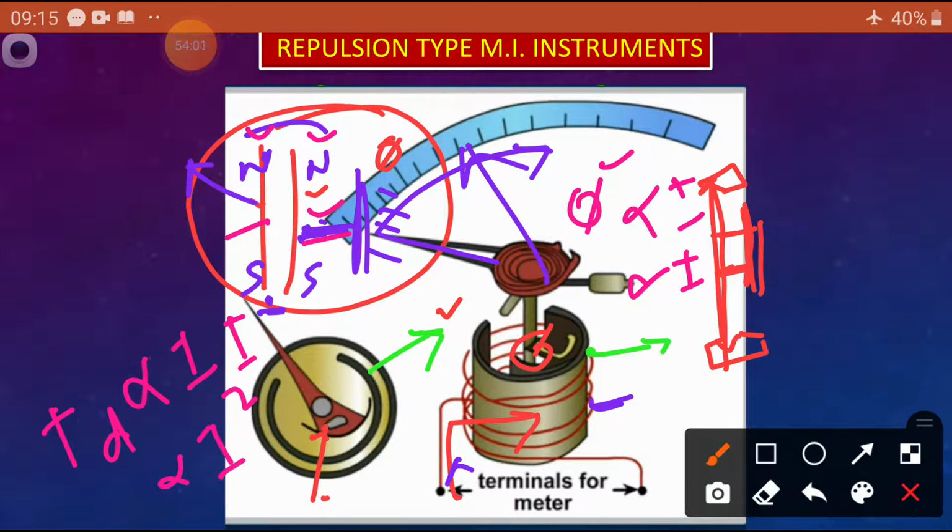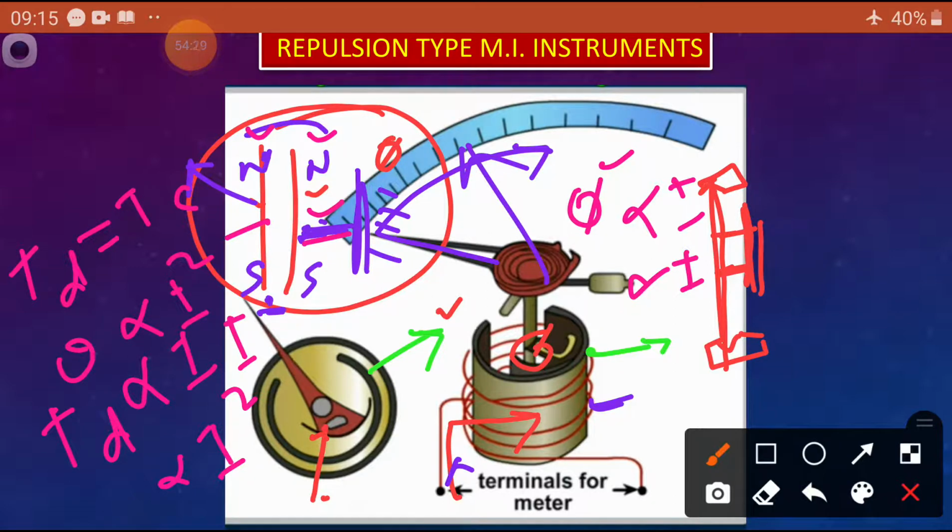Here also the scale is not uniform. When the deflecting torque TD equals the controlling torque TC at equilibrium, theta is directly proportional to I square.